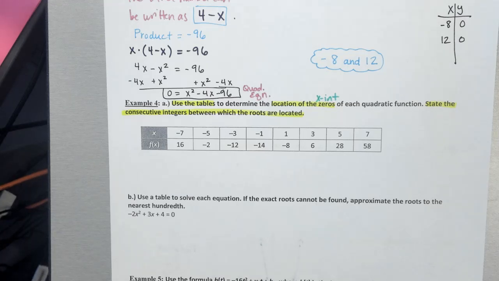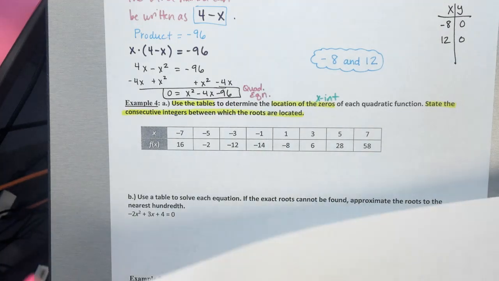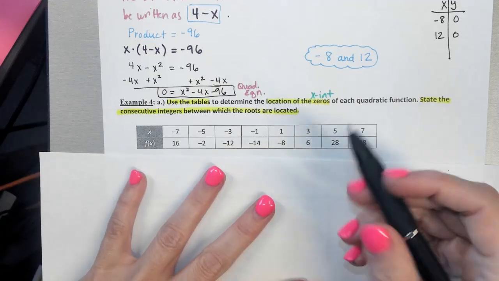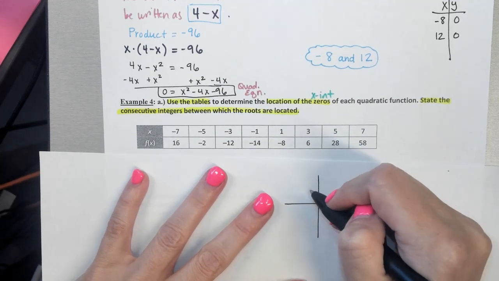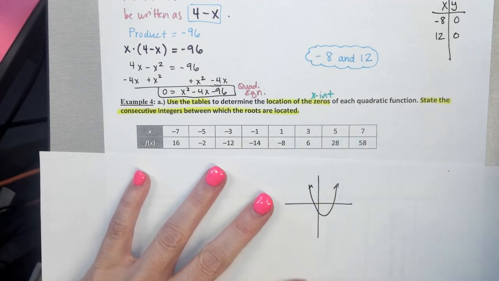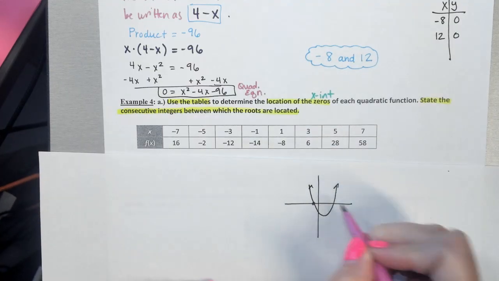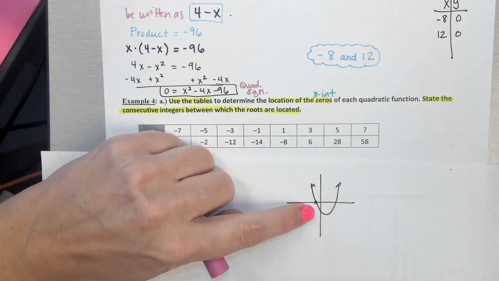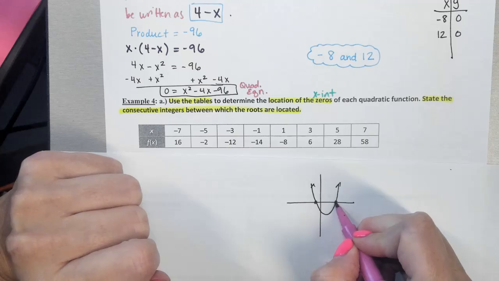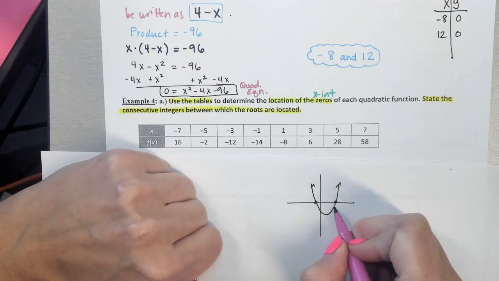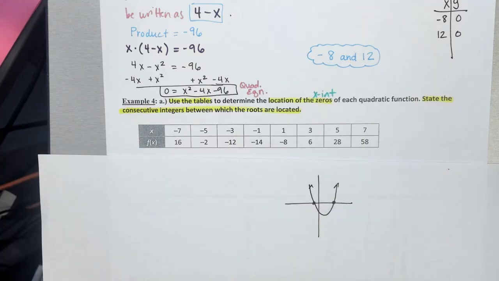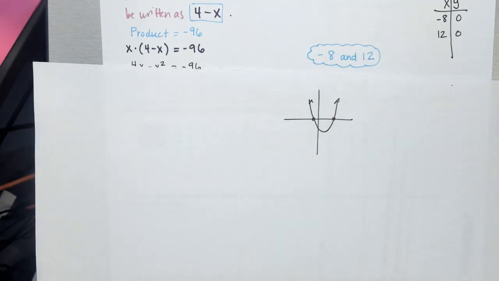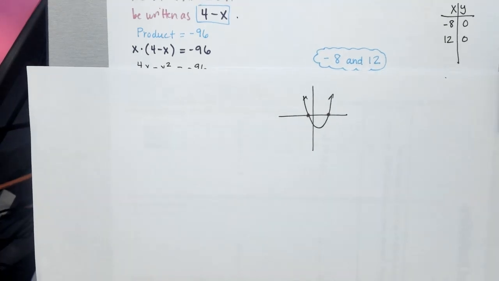So if you are looking at a graph, I just want to show you this. You don't have to write this down. Okay, if you are looking at your x-intercepts, for this one, above the x-intercept will be a positive value, and below it would be a negative value. For this one, when you do the x-intercept, you have a negative, and then it would be a positive. Are the values that change the x's or the y's?